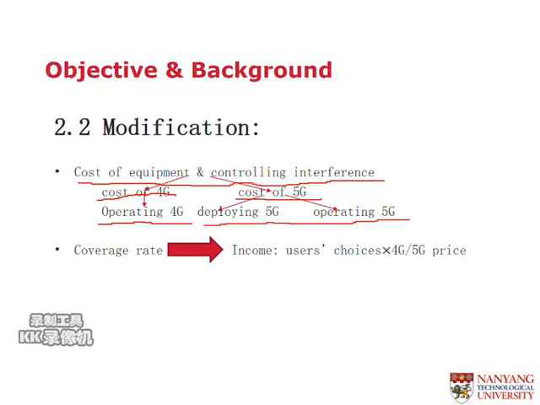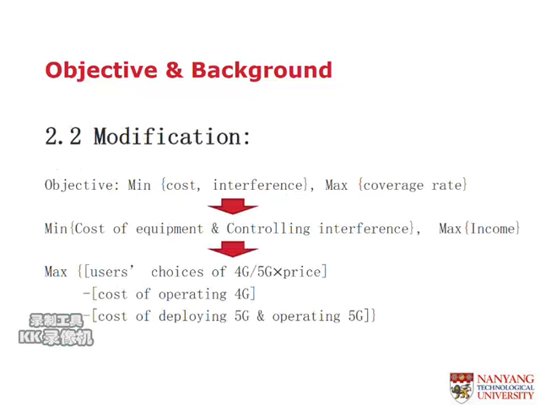As for the coverage rate, I think it is no longer necessary to consider, because the whole area is already covered by 4G first, and what the operators need to consider is the area to deploy 5G, which will factor in the user's expenses.